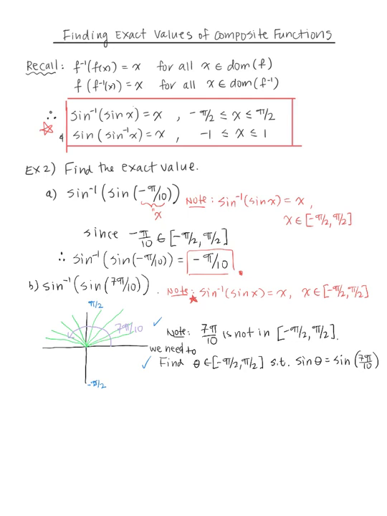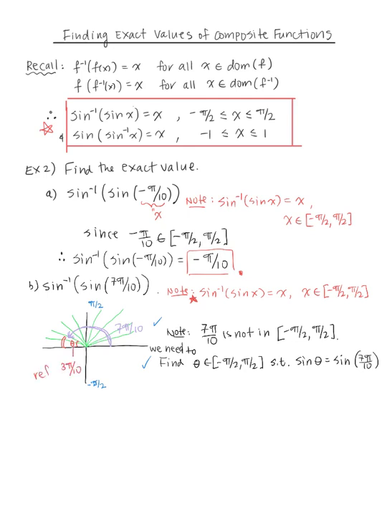Now 7 pi over 10, I've already drawn here. So its reference angle should be over here. Okay, now the total has to equal pi. The reference angle, let's just call this one theta, that's our reference angle. That's what? 3 pi over 10.